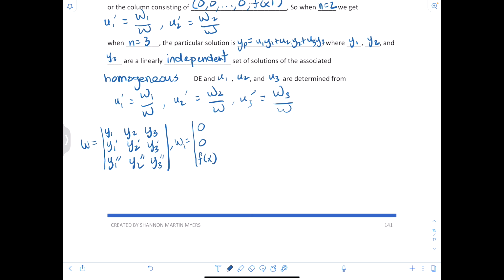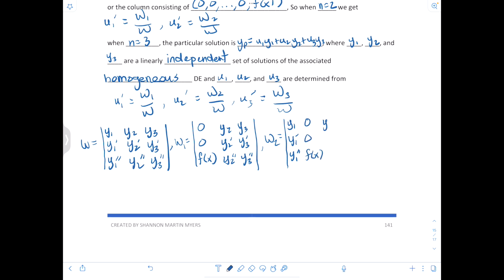And the other two are the same, so you'd have y2, y2 prime, y2 double prime, y3, y3 prime, and y3 double prime. w2 will be y1, y1 prime, y1 double prime, then 0, 0, f of x, and y3, y3 prime, and y3 double prime.